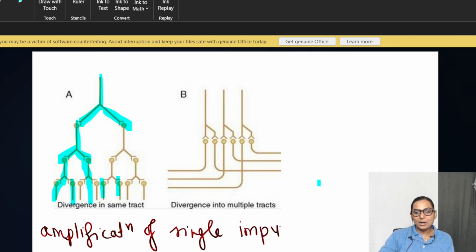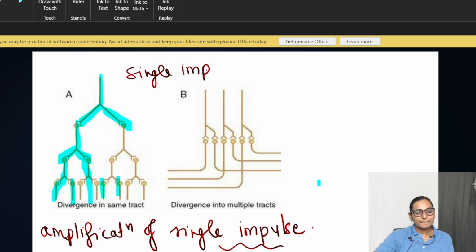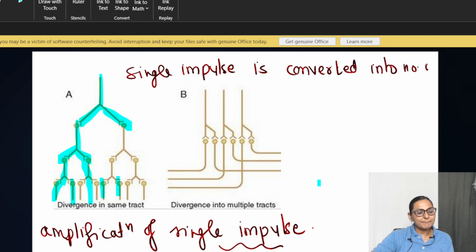One presynaptic neuron terminating on many postsynaptic neurons means that one single impulse is converted into a number of impulses.